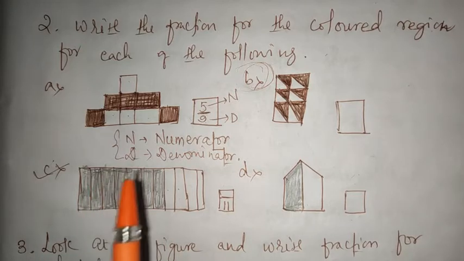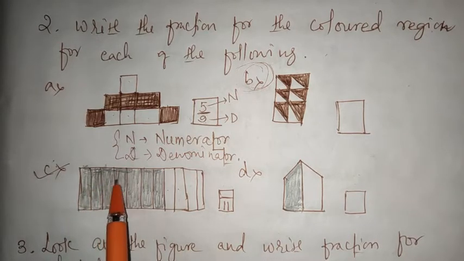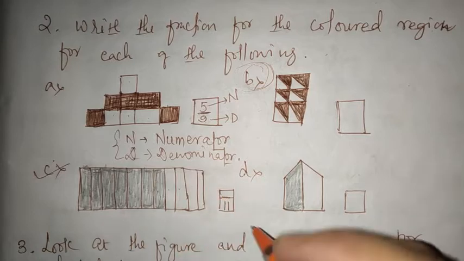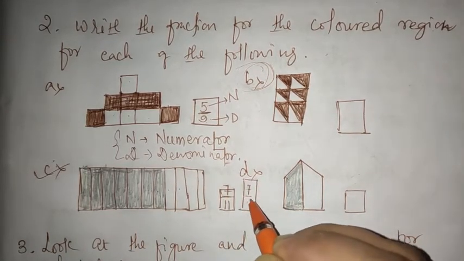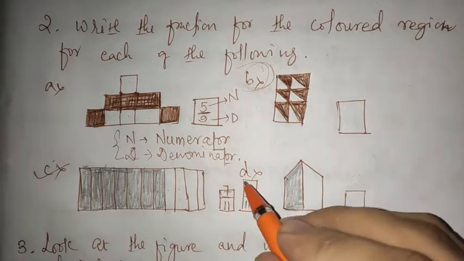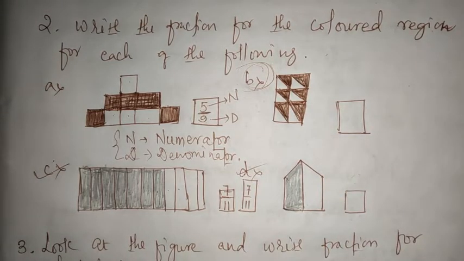So the colored ones are 1 2 3 4 5 6 7. Okay, so it is 7 by 11. So let me write here, it is 7 by 11. Proceeding to D, you'll write yourself.